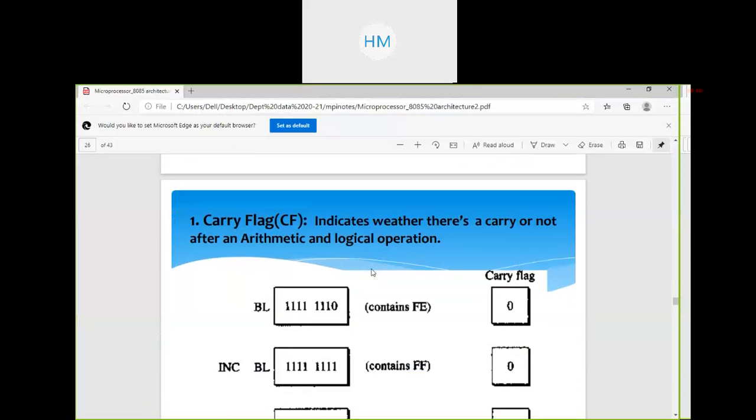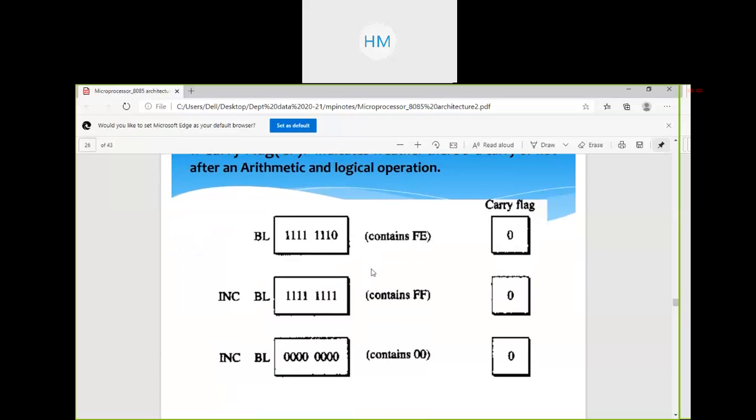So the carry flag we have seen: if the result of addition, or any kind of operation we are performing through the ALU of the microprocessor, generates a carry of 1, then the carry flag will be set. Otherwise, it will be reset. This is one of the examples given to you. In register B, this 8-bit data is stored.